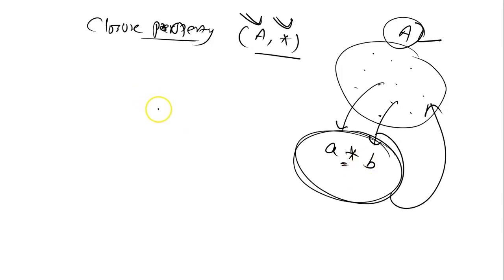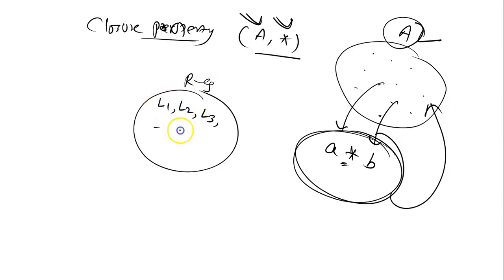For example, we know that the set of regular languages is closed under the union operation. What does it mean? You have the set of regular languages, so all the regular languages are here, L1, L2, L3 and so on.